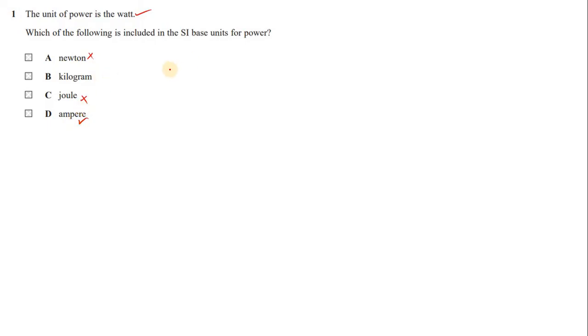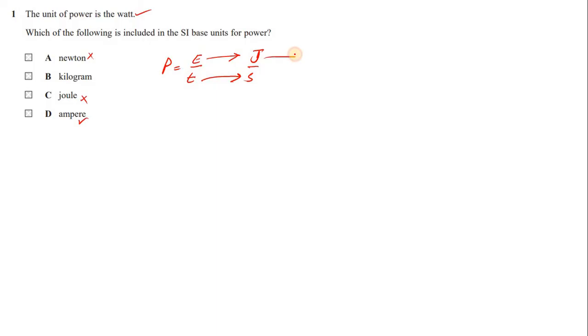If you recall, the formula for power, P, is equal to energy or work done divided by time. And energy is joule, divided by time, which is in second. So the unit of time is second. So joule is involved in the unit of watt, but joule is not SI base.